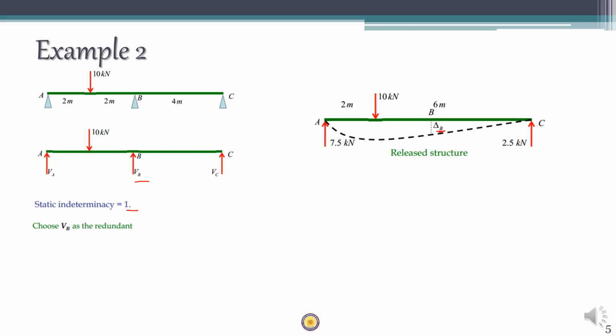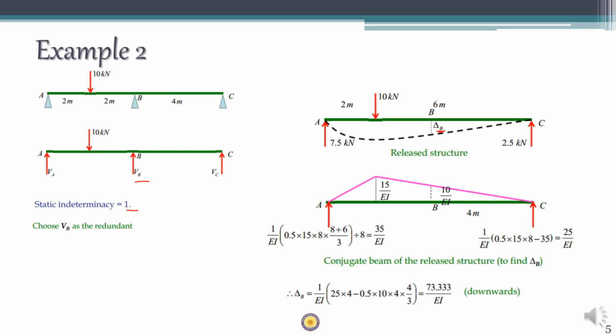First of all, we have to find the reactions for this given beam. The reactions will be computed as 7.5 at A and 2.5 at C. Once the reactions are known, we will draw the bending moment diagram and load the conjugate beam with the M by EI diagram.